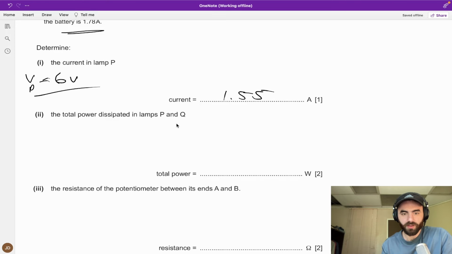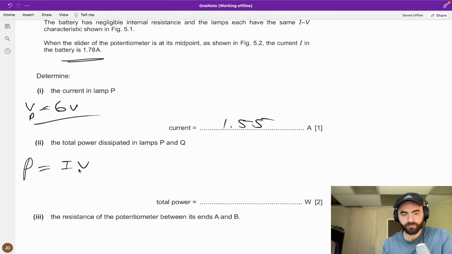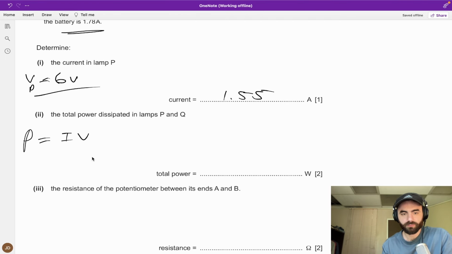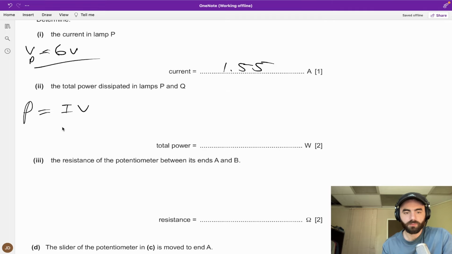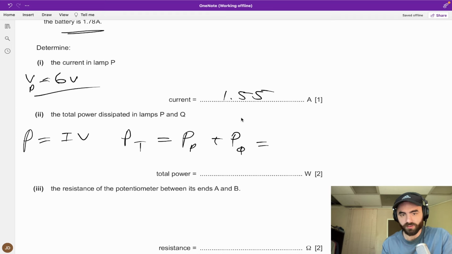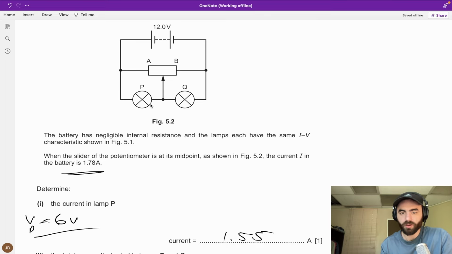The total power dissipated in the lamps, P and Q. P equals IV. So the total power will be the power dissipated in P plus the power dissipated in Q. What is the power dissipated in P? Well, it's I, which is 1.55, times the voltage, which is 6, plus the power dissipated in Q. What is the current flowing through Q?